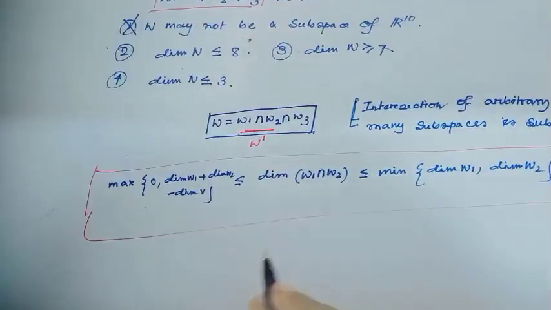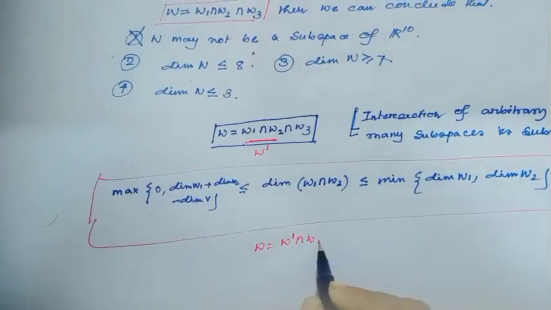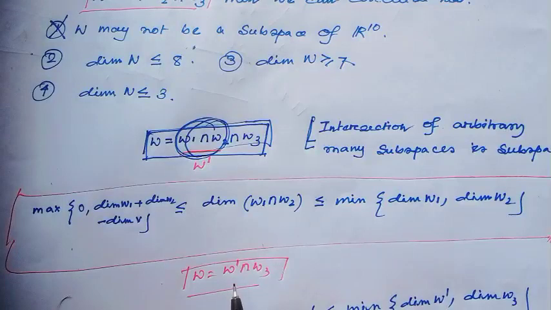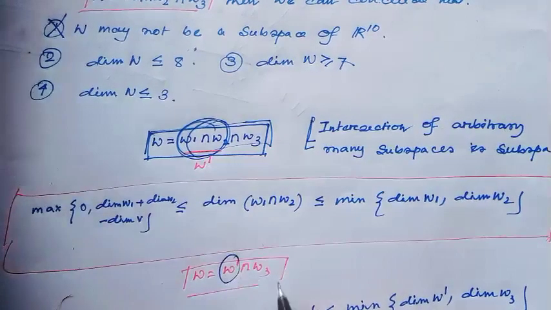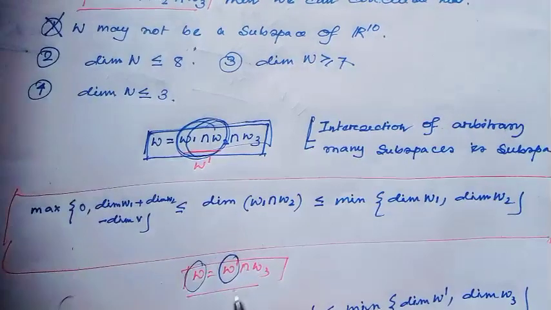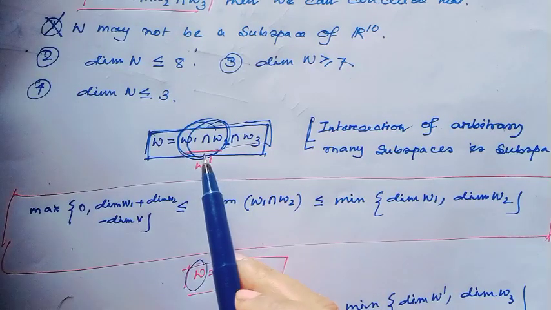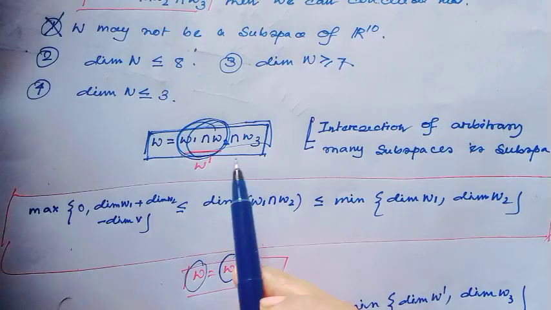That means W equals W dash intersection W3. Then I will use this theorem. At first I will find the dimension of W dash, then I will find the dimension of W. And dimension of W dash means we have to find the dimension of W1 intersection W2.